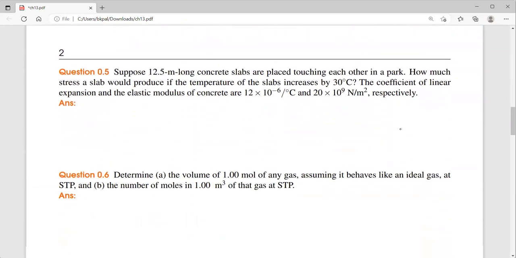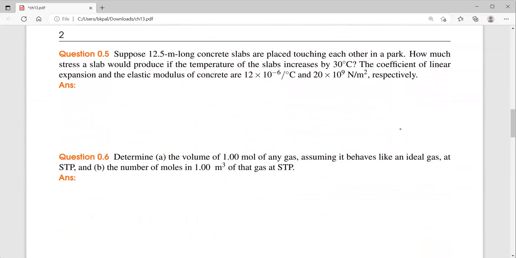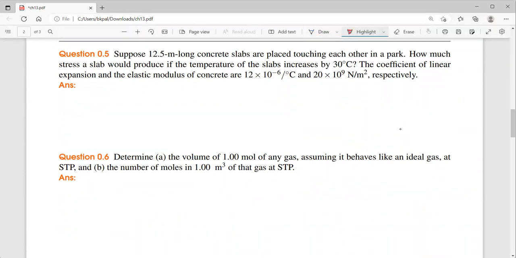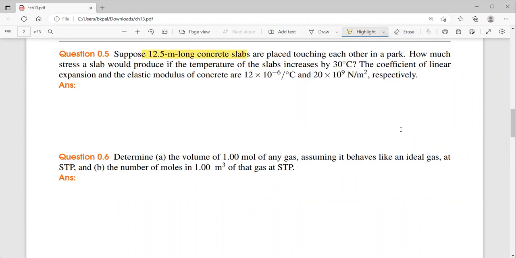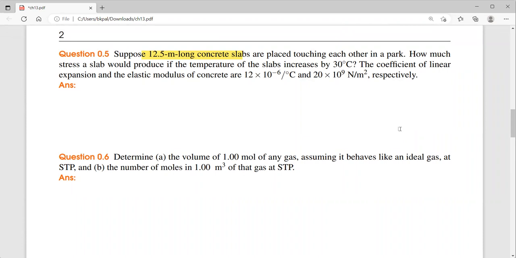The next one is about the thermal stress. All right, so what are we given? We are given the length. So the length is this, and it is a concrete slab.